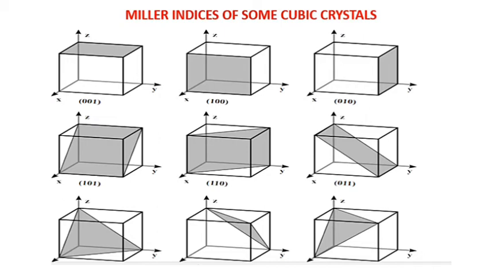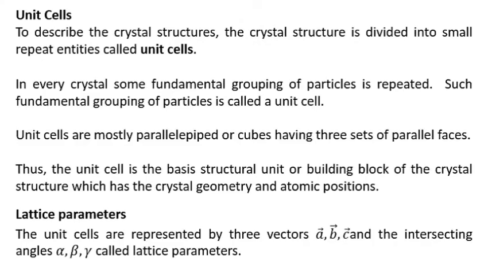Okay, yeah, right. Then what are unit cells? What is a unit cell? To describe the crystal structure, the crystal structure is divided into small repeat entities called unit cells.